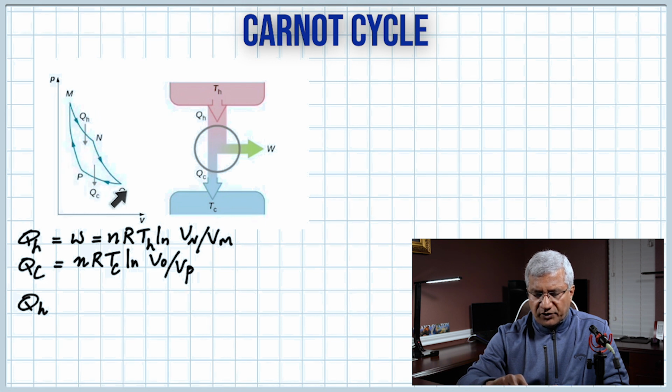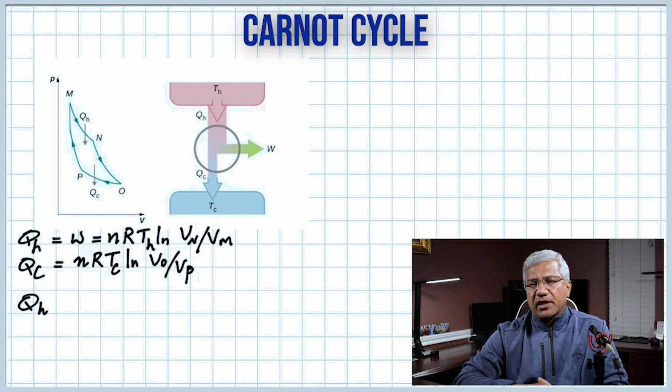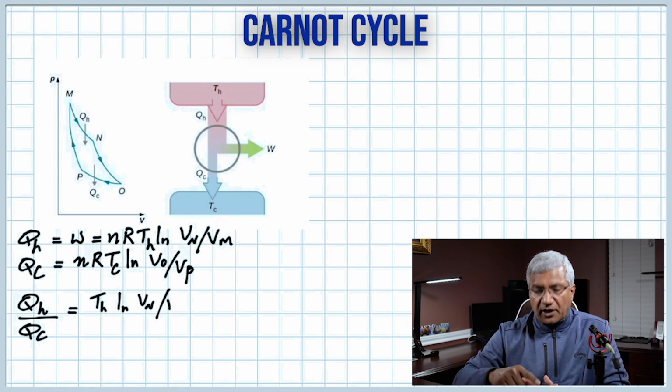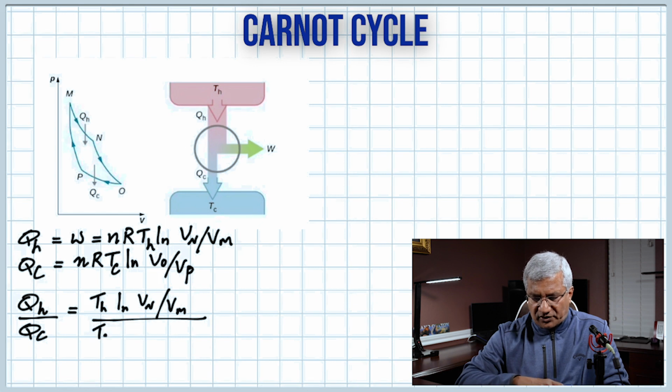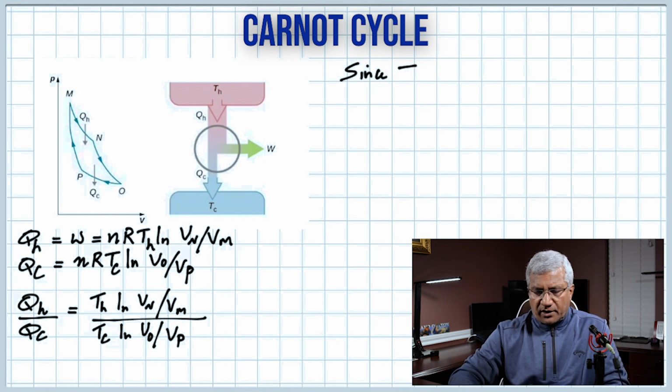Here it's VO by VP because it's a compression. So we got that. If you take the ratio of QH to QC, the nR will cancel out, and we have TH natural log VN by VM divided by that. Now let's look at the adiabatics.